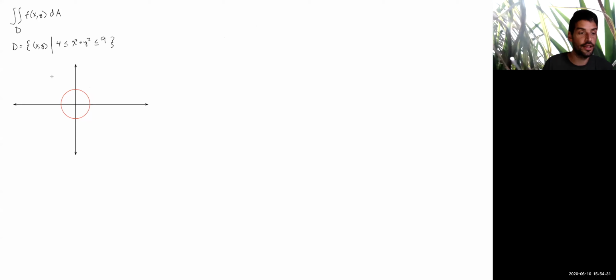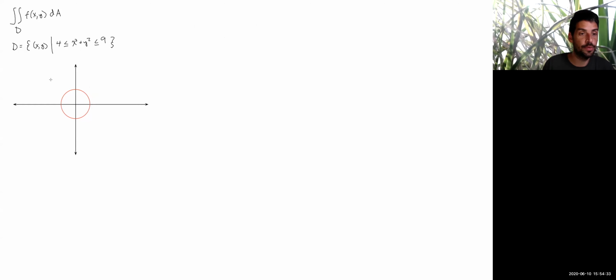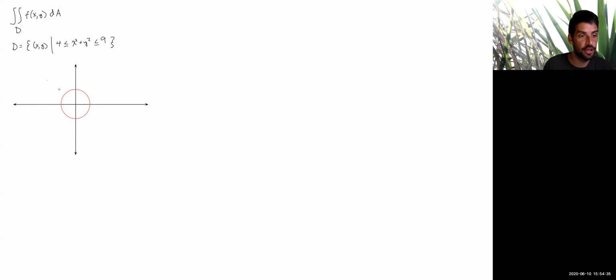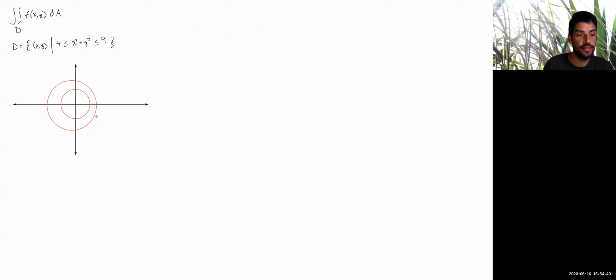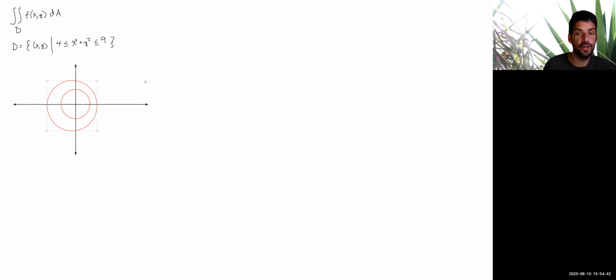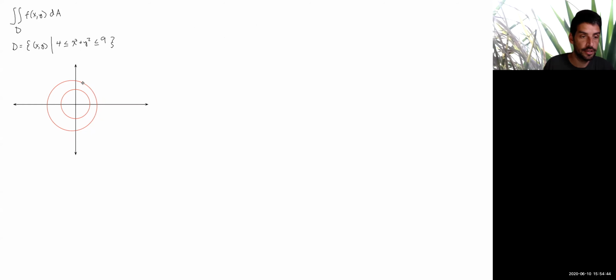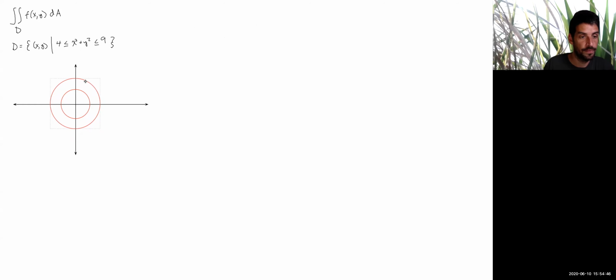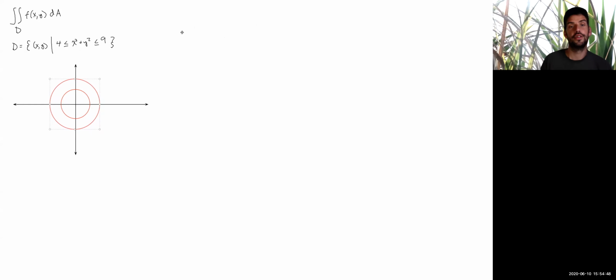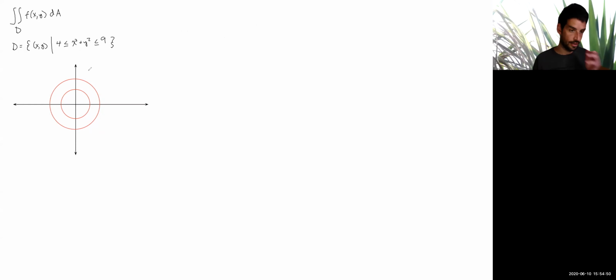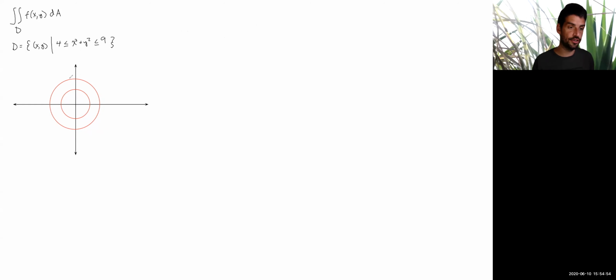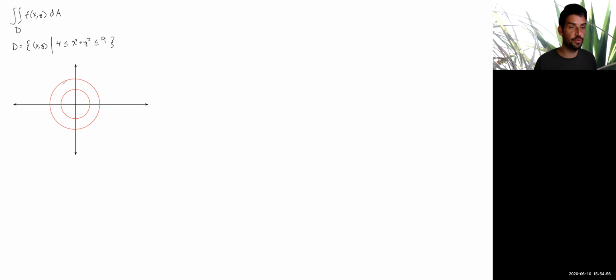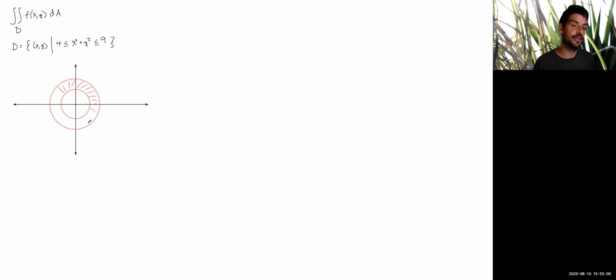And then x squared plus y squared equals 9 is going to be all the points on a circle with radius 3. So what that means is this region is all the points that are either on the inner circle or the outer circle or in between the two of them. So it's going to be this little ring that we've got here.